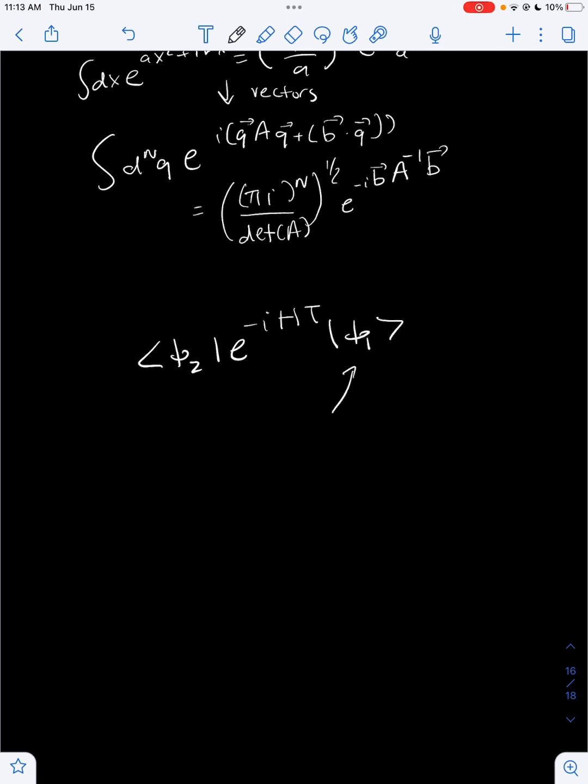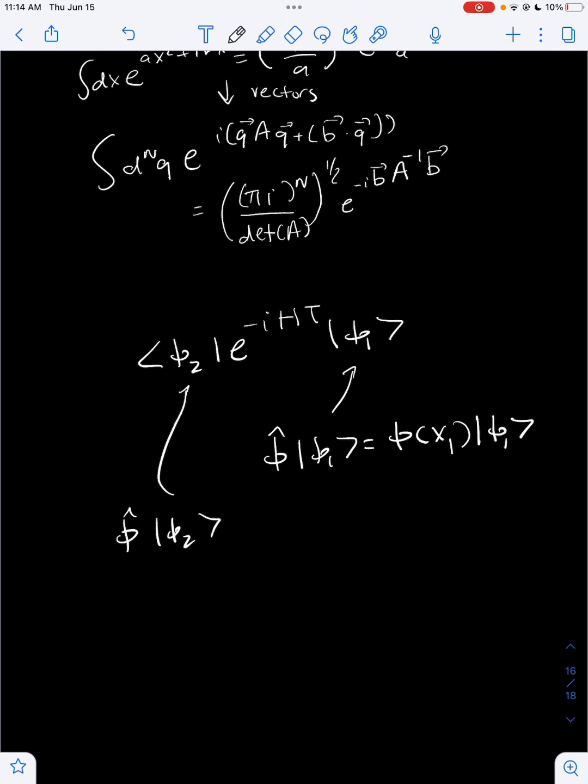where phi1, again, the field operator will act on phi1 and give us a phi of x mu, or x1 mu, or just x1 if you want to, where x1 contains t, x, y, and z, and then acting on the same state, and then phi2 is defined like this over here.